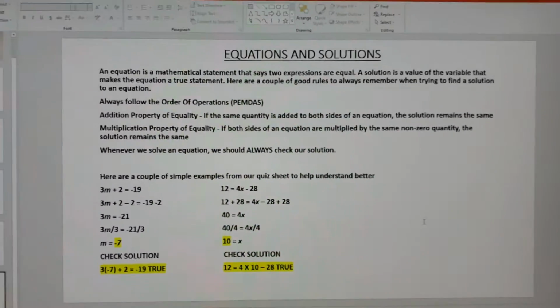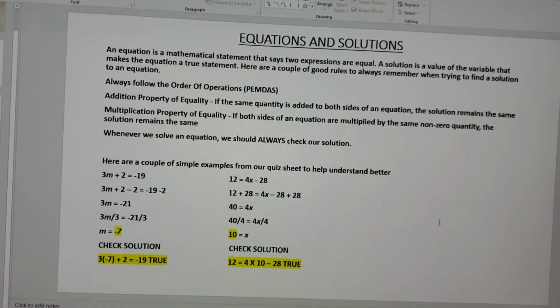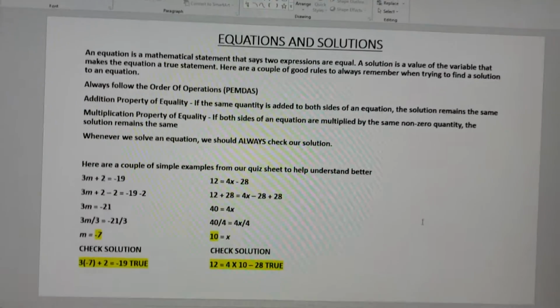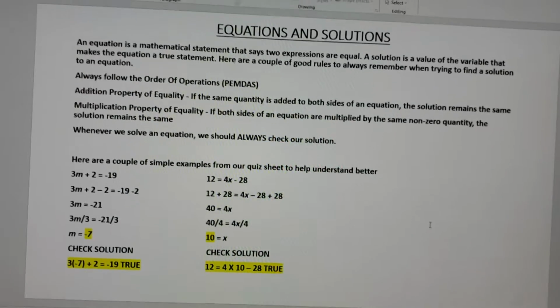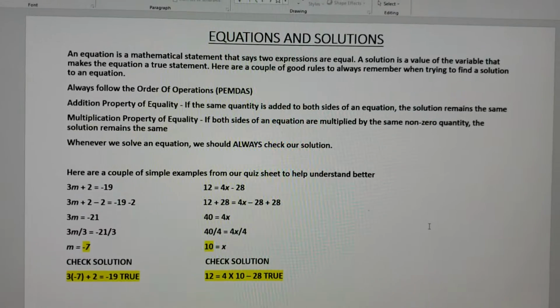Equations and solutions. An equation is a mathematical statement that says two expressions are equal. A solution is the value of the variable that makes the equation a true statement.